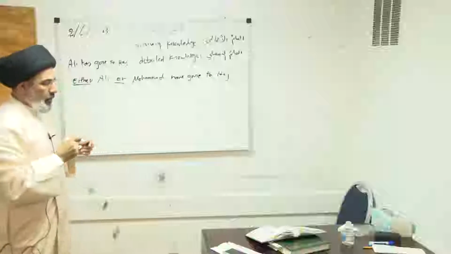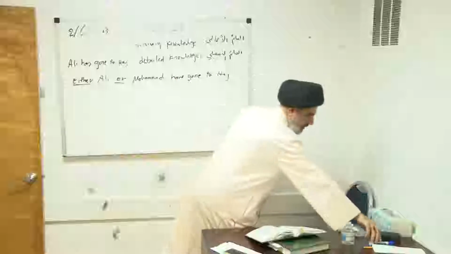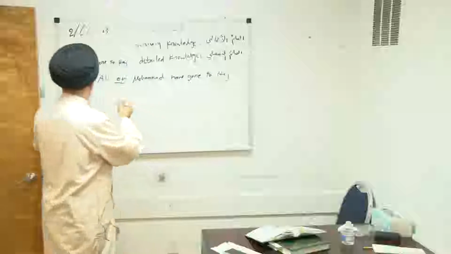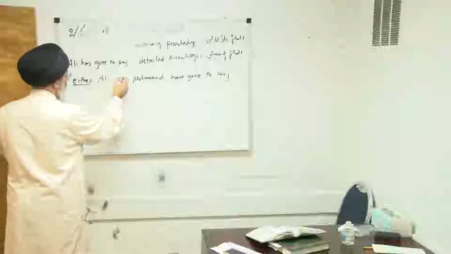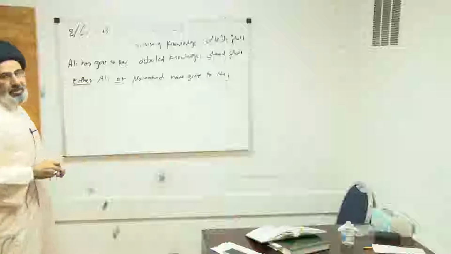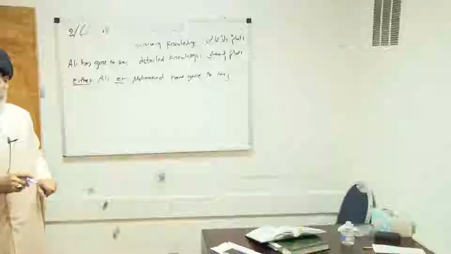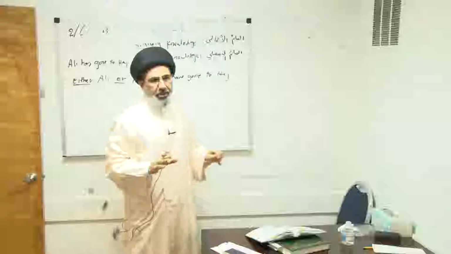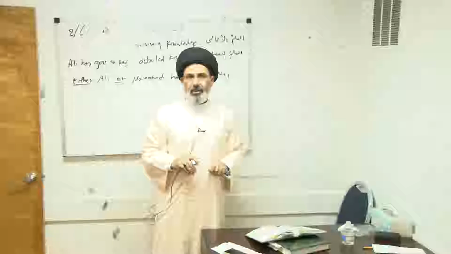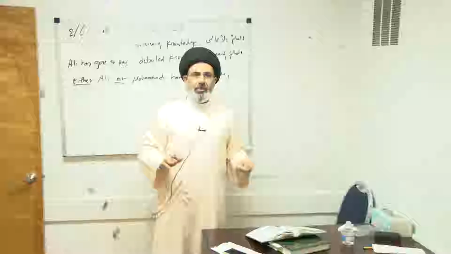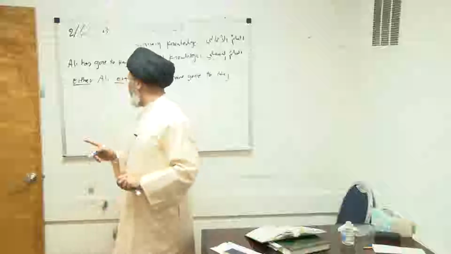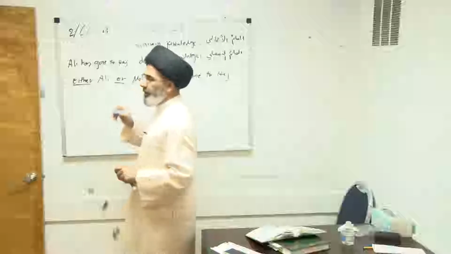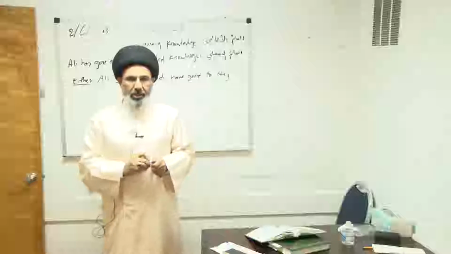See, once we put either or, it becomes summary knowledge. Because I know one of them has been to Hajj, no doubt about it. One of my brothers, but I don't know which one. It could be this one or it could be that one. This is summary knowledge.